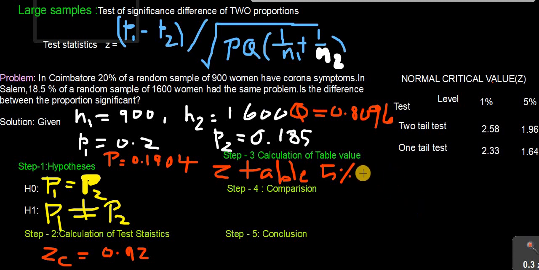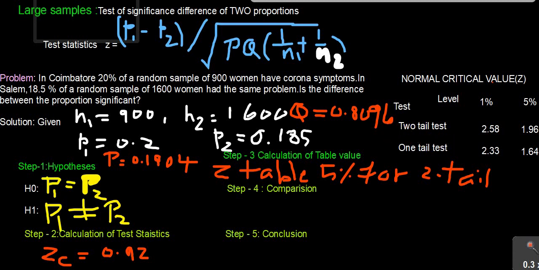So here, for a two-tailed test, now look at that. We have the table nearby for the two-tailed test.